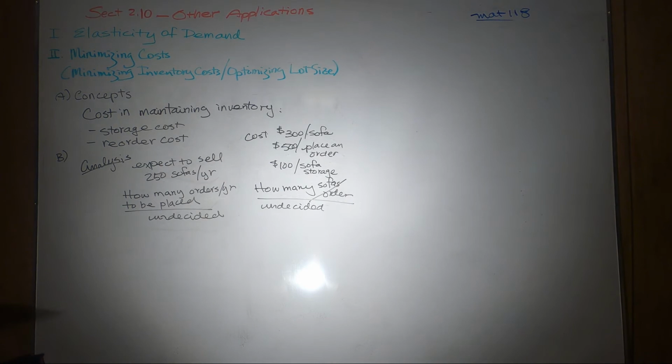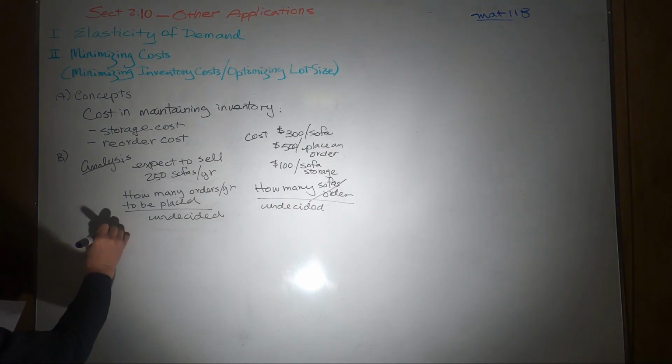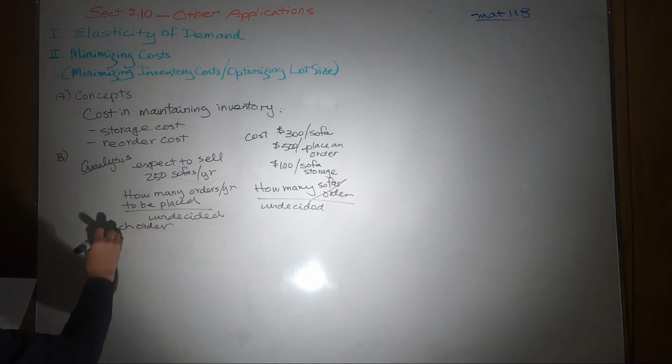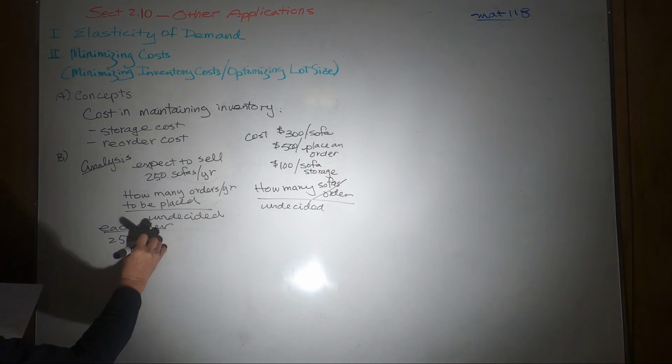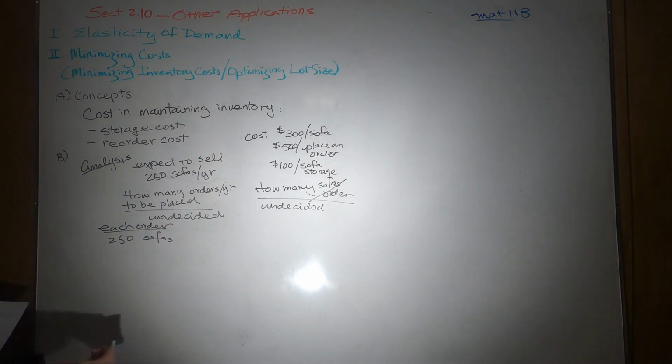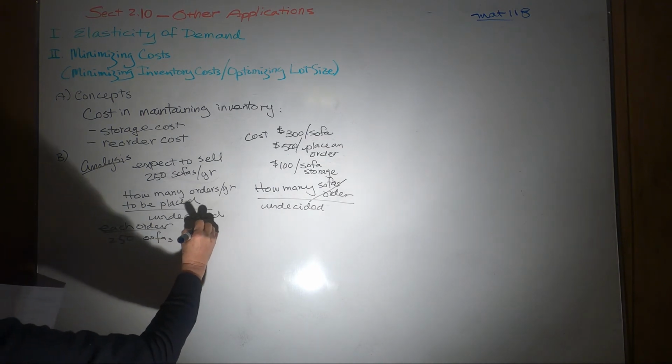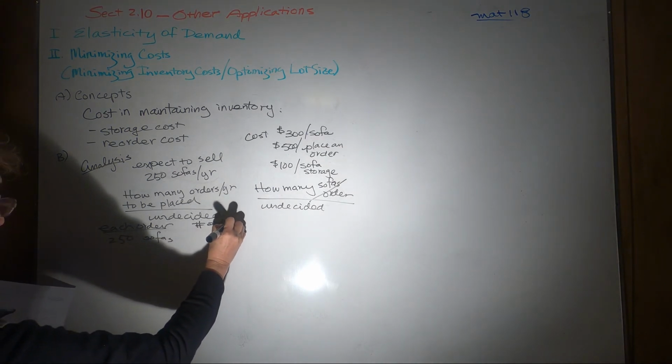Then mainly we want to find out what's the total cost for doing one way or the other, right? So let's see. For each order, you can order how many? Let's just use good numbers. So you can order 250 of them. And how many orders do you need?